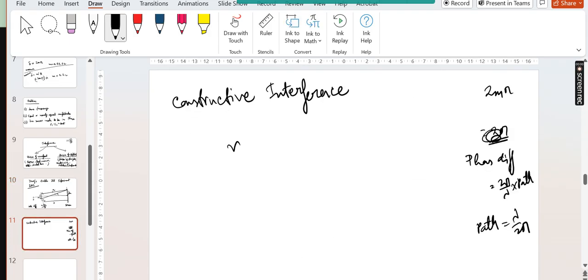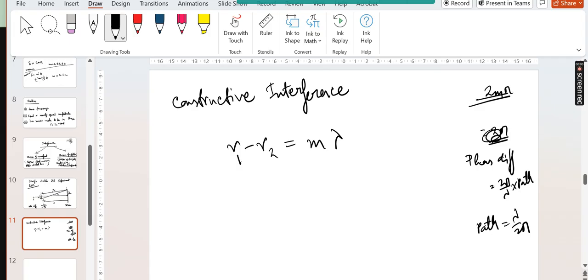For constructive interference, you can see R1 is greater than R2, so basically R1 minus R2 should be m lambda. What we get from this equation is that the phase difference should be 2m pi, and the phase difference is 2 pi by lambda into path difference.